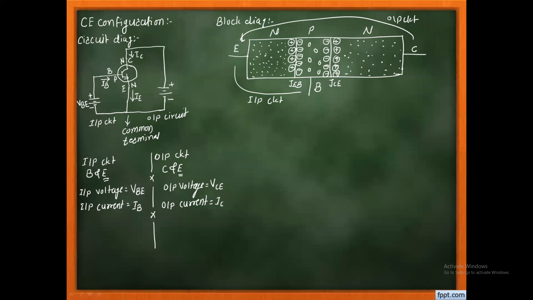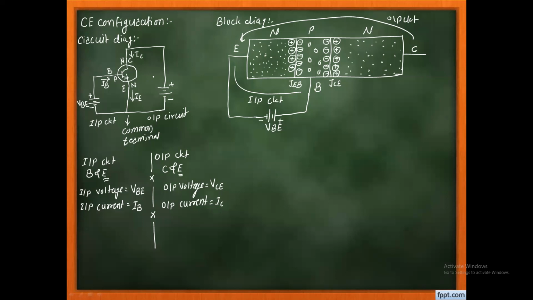Just concentrate. So the input circuit, as we want, we have to connect in forward bias, so the base region we have to connect to positive, and the emitter region we have to connect to negative. So this is a battery VBE. And now you can imagine one battery between collector and emitter. I have just shown it in this diagram.